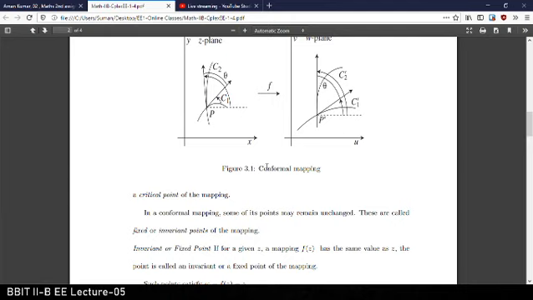The meaning of conformal is angle preserving mapping. Angle preserving, right? Conformal mapping means this mapping preserves the angle between any two curves in the Z plane and between their images in the W plane.